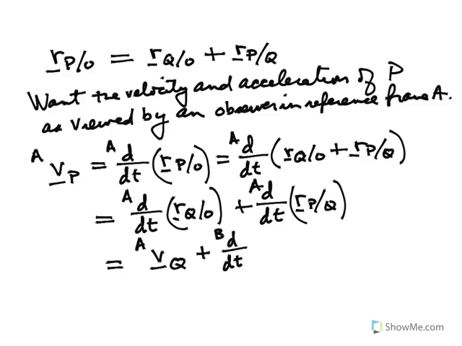The transport being the rate of change in B of the position of P relative to Q, plus the angular velocity of B in A crossed with the position of P relative to Q.